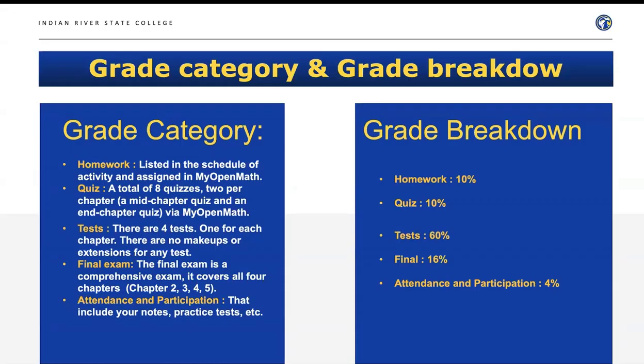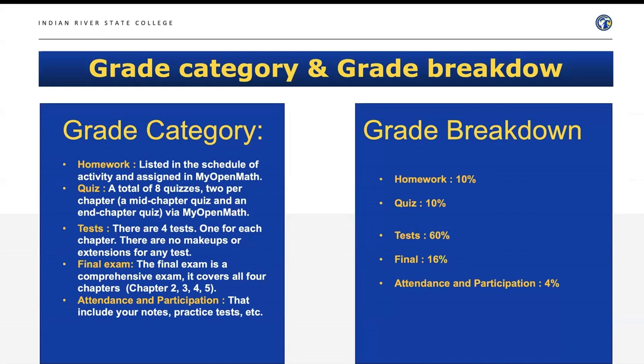And there is the final exam, and then the attendance and participation. So that makes five categories for your grade. And over here, I show you the breakdown of how your final grade is calculated. It's going to be 10% for your homework, only 10%.